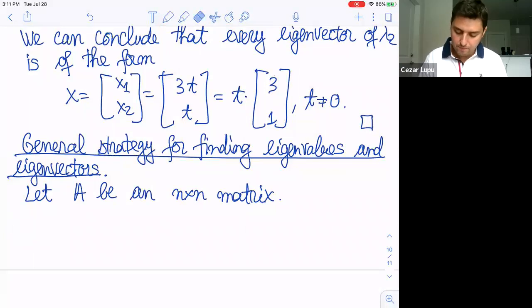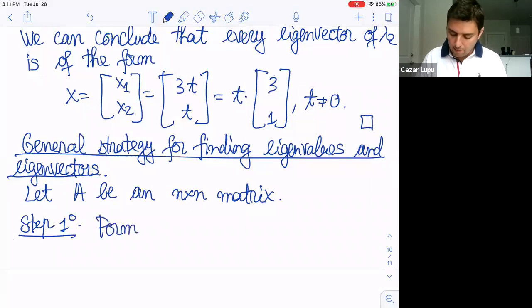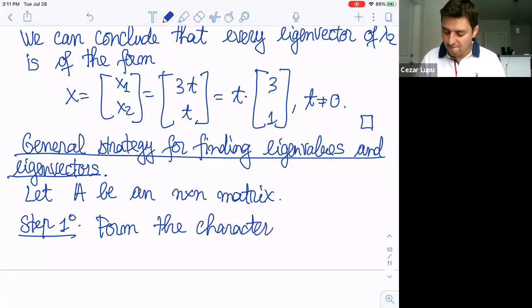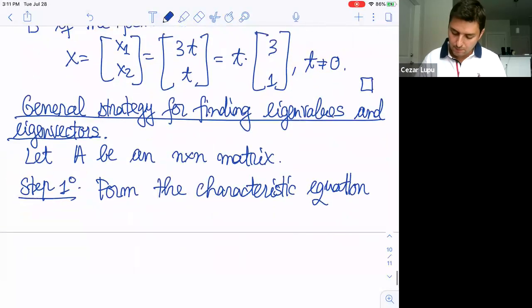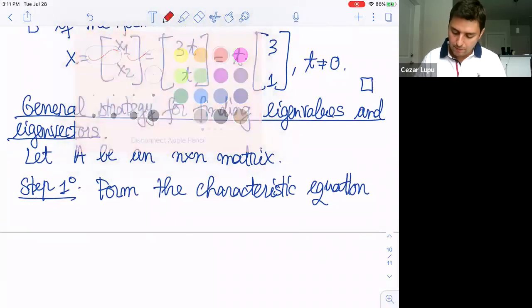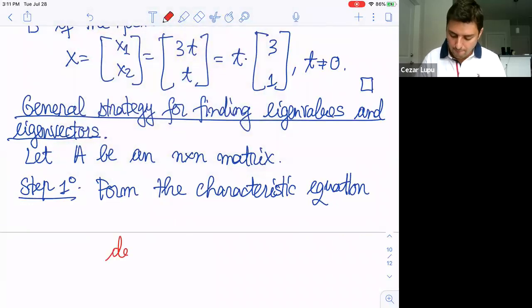Step 1: form the characteristic equation, the determinant of lambda times the identity minus A equals 0.